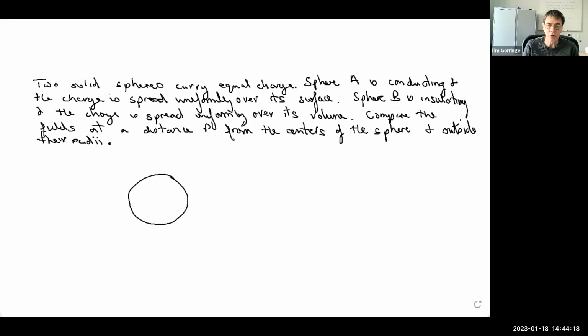Those charge distributions look the same if you look at the spheres from below or above, from the left or the right, from the front to the back. They are spherically symmetric. That means that the electrical fields that those charged spheres create are going to inherit that spherical symmetry.